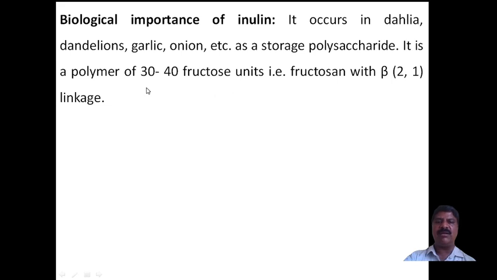It is a polymer of 30 to 40 fructose units, and it is also called fructosan, with a beta 2,1 linkage. This is about the biological importance of inulin.